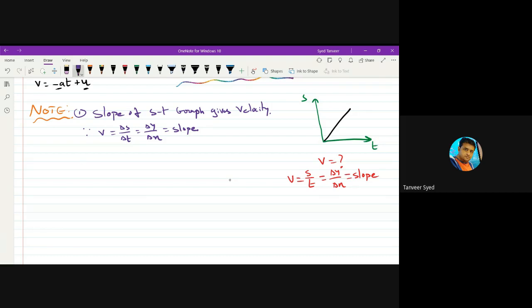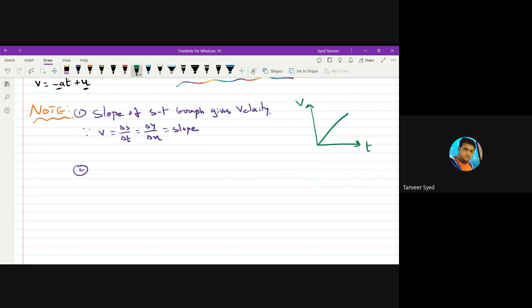Second, if you are given a velocity time graph, the graph is like this.